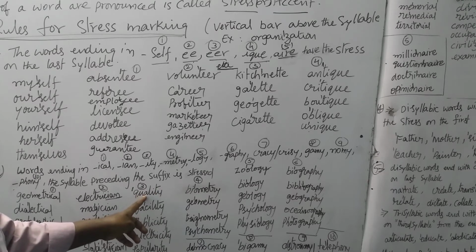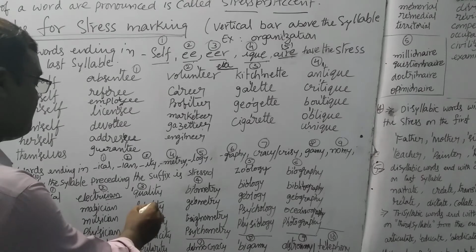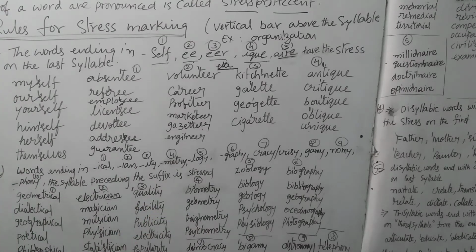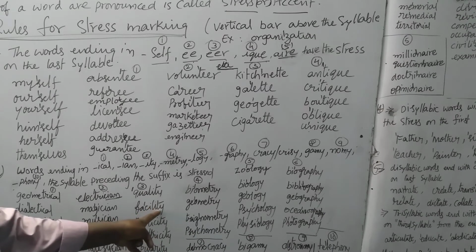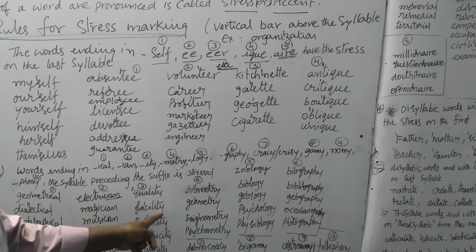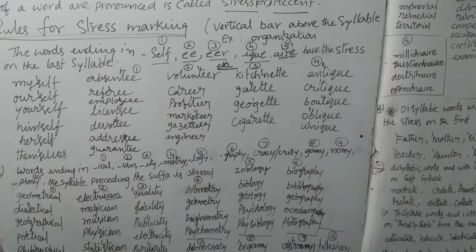The syllable before it is qua, so stress Qua. Facility: -ity is part of -liti, so -liti is the suffix, but we take the L also as part of it. So the syllable before it is ci. Facility. Before that syllable we have to stress.